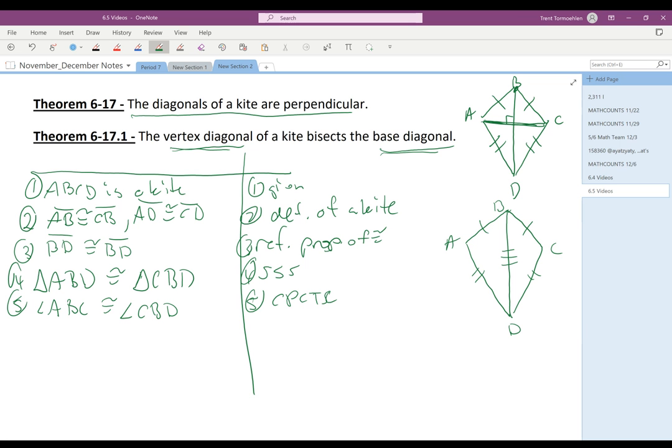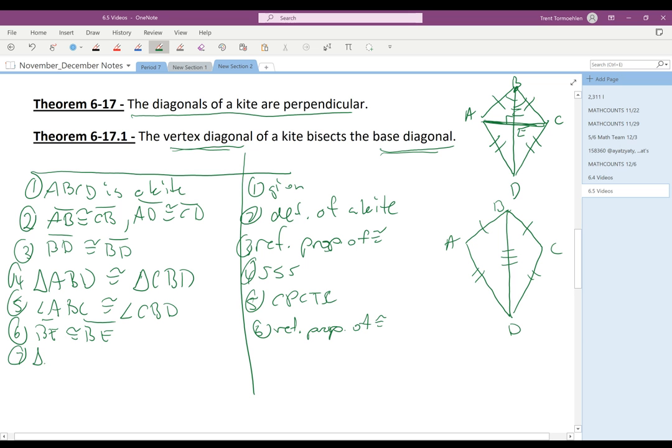Now back to our original drawing, we'll call that middle point E. We now know that these two angles are the same, so we can claim BE is congruent to BE by the reflexive property. And so by side angle side, triangle ABE is congruent to triangle CBE.